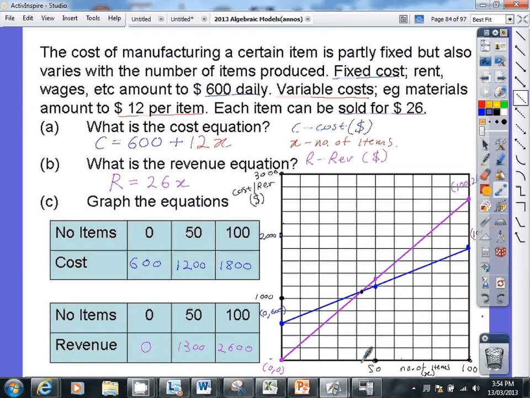Graphically first. So let's have a look. Going up, and then across. Have I got that straight? That looks okay.